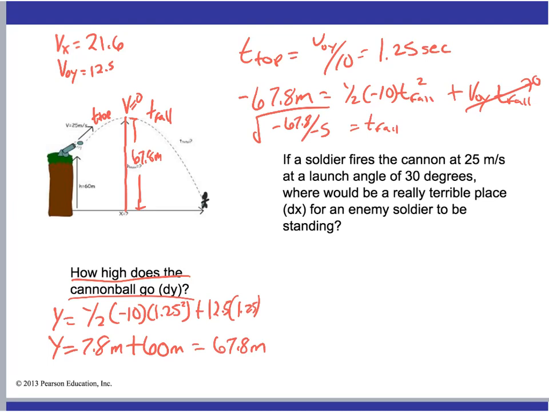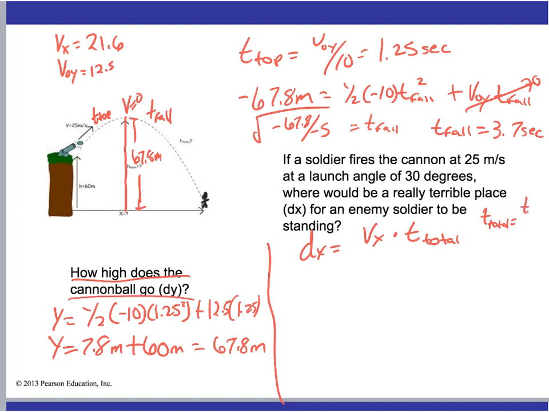The square root of -67.8 divided by -5, second answer. This falls for 3.7 seconds. Okay, now if I'm looking for the distance in the x, I would need to use the velocity in the x times the total time. But the total time in this case is going to be equal to the time to the top plus the time to fall.